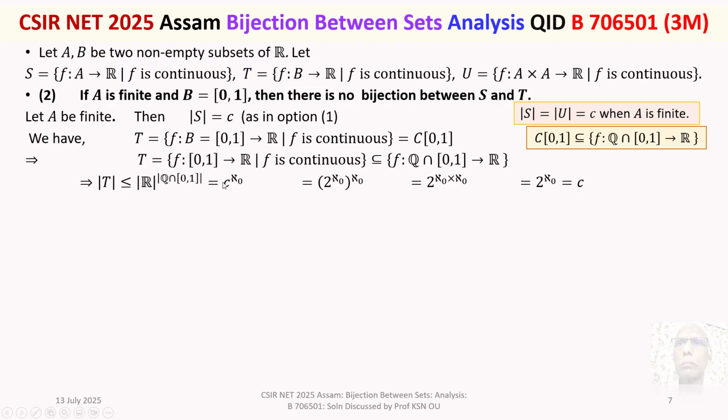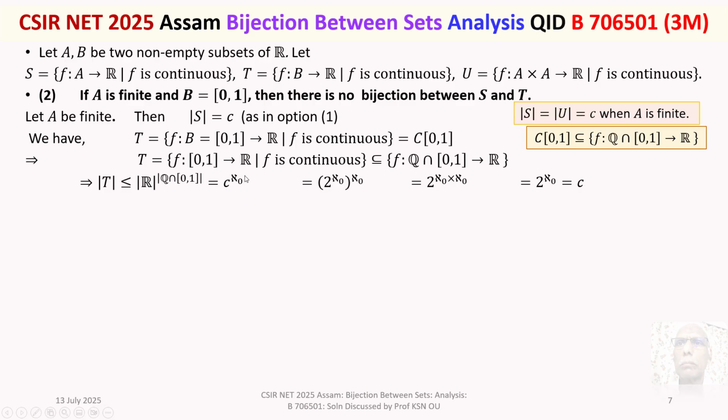It is the cardinality of R to the power of the cardinality of the domain Q intersection [0,1]. The cardinality of R is C. There are infinitely many rational numbers in 0 to 1; it is an infinite subset of the rational numbers. Since the rational numbers are countable, this infinite set is also countable, so its cardinality is aleph-0.